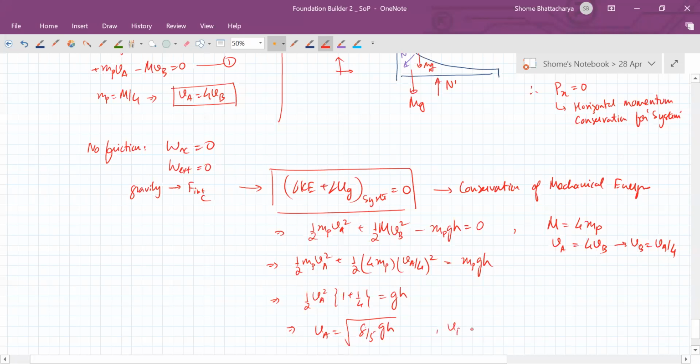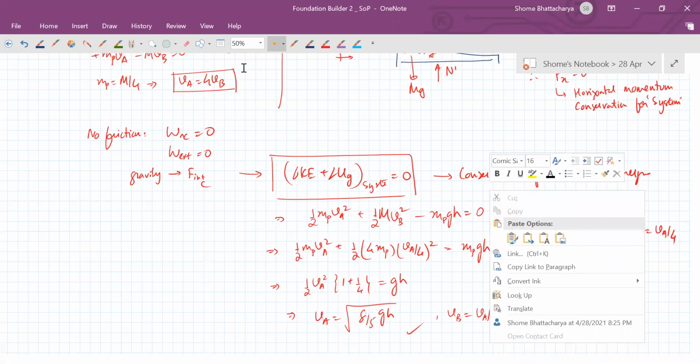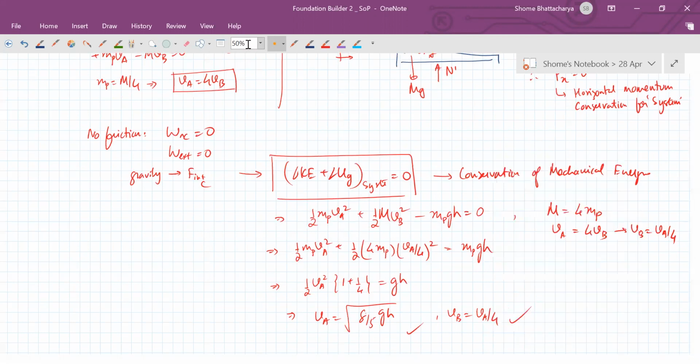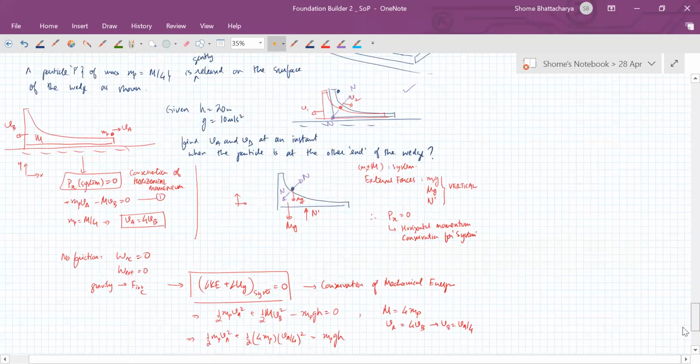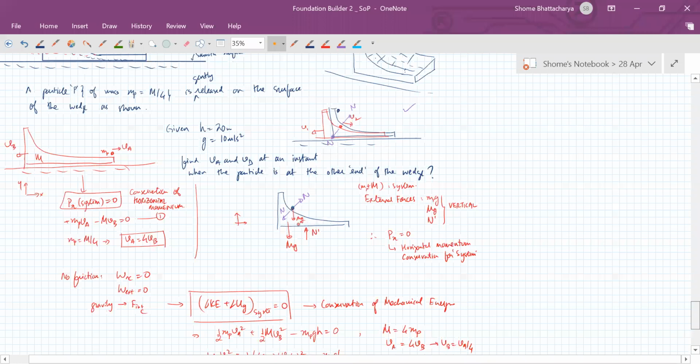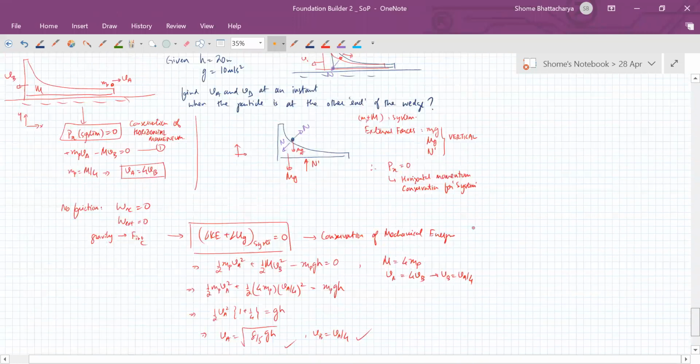Okay, and VB is obviously VA by 4. So the important thing here is the conservation principles. The two conservation principles we are able to apply to this system are horizontal momentum conservation and conservation of mechanical energy. So this is the first thing, and this is the second.